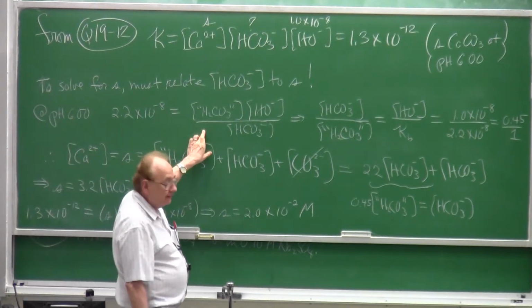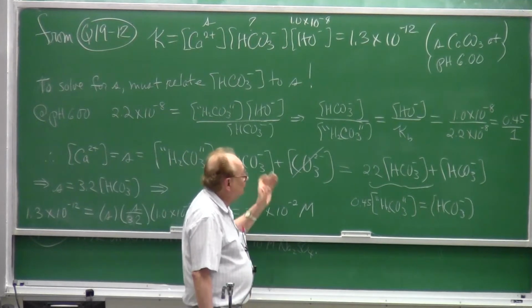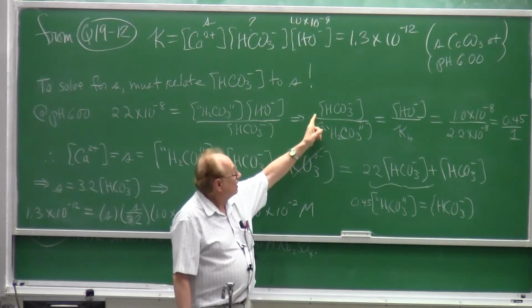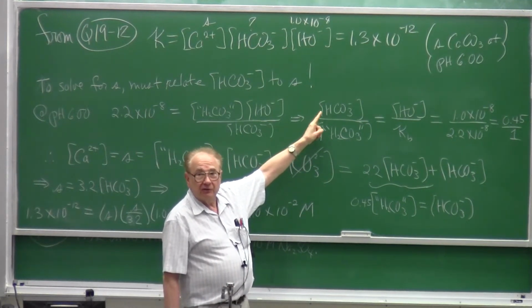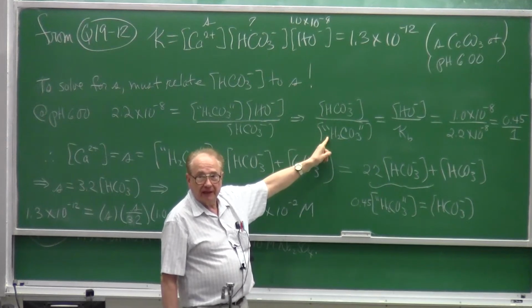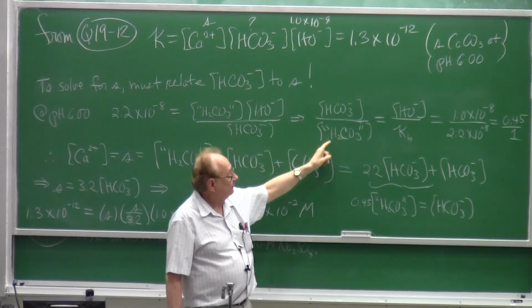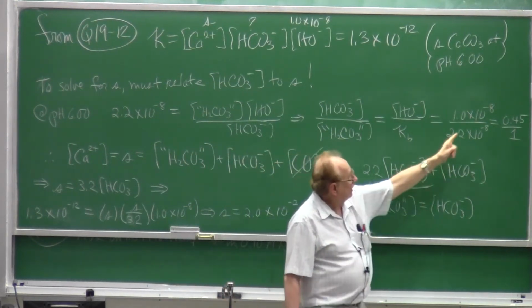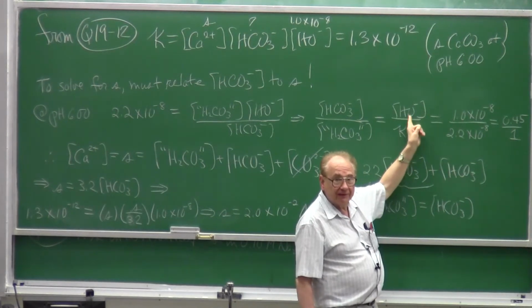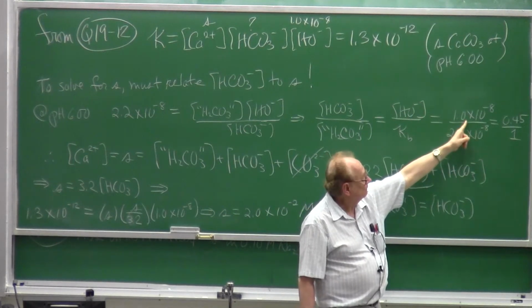Here's the chemical version of the equilibrium constant expression, which we want to rearrange in order to get a concentration ratio of these two forms of carbonate in the system at pH 6, for which the hydroxide ion molarity is this.